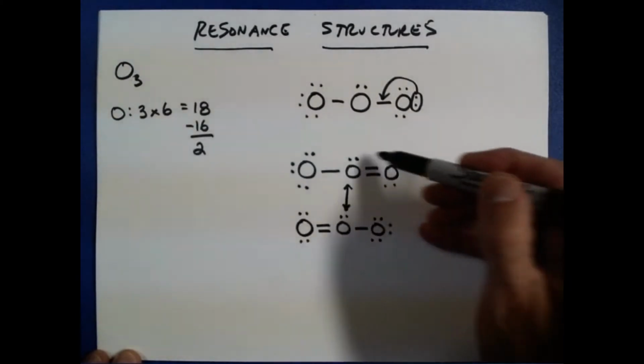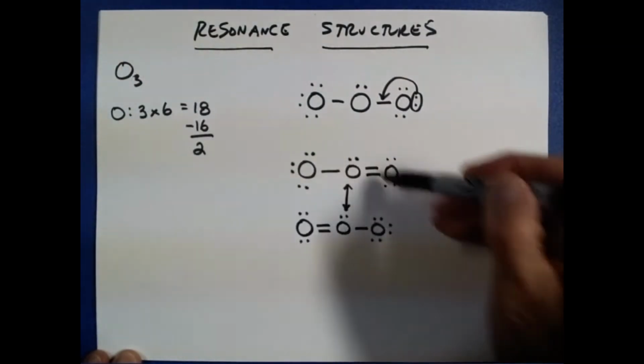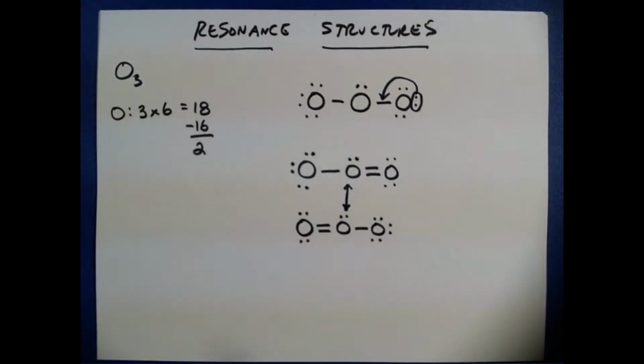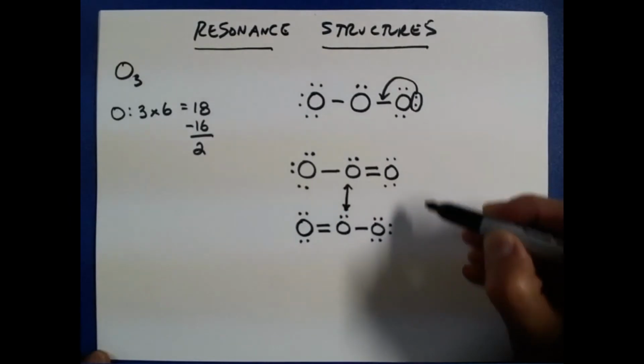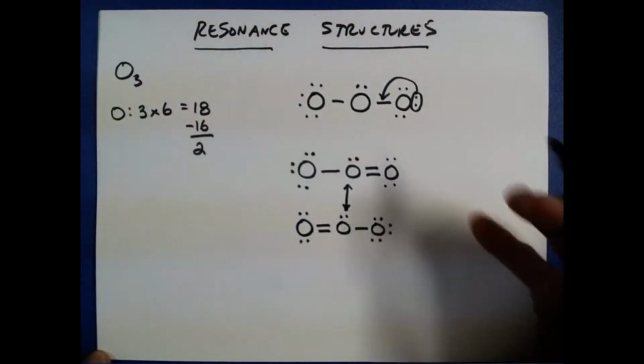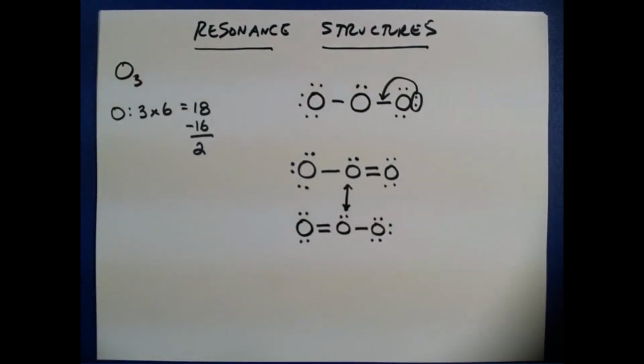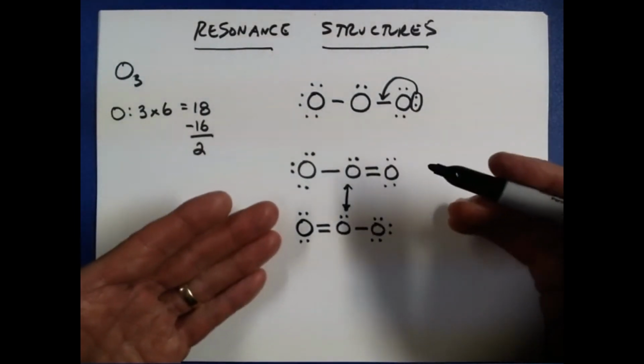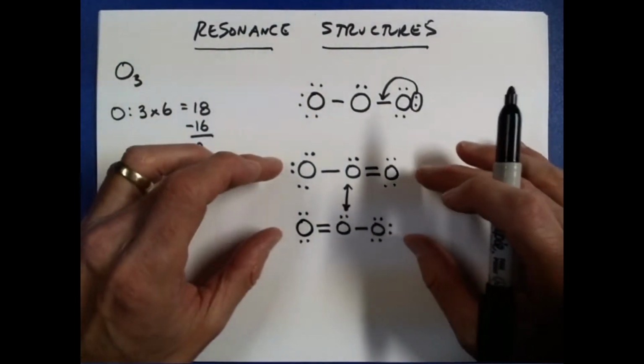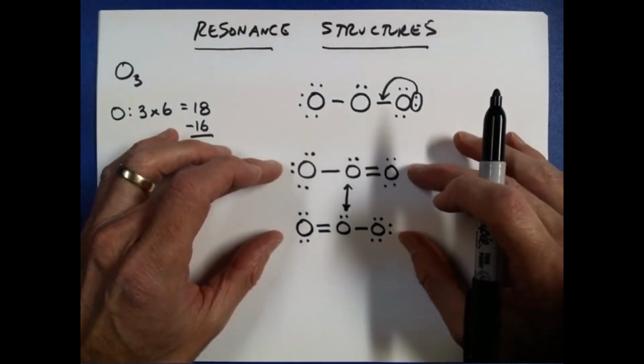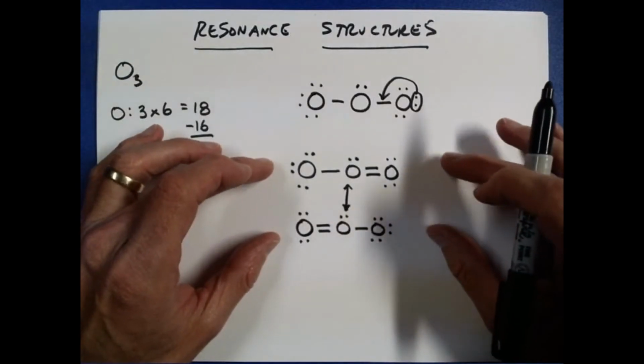And really, we want to think about both of these, in a sense, being the way the molecule exists at the same time. So we call this resonance structure 1 and resonance structure 2, but really, what we want to do is think of the actual structure of the ozone to be a mixture of these 2. We call it a resonance hybrid.